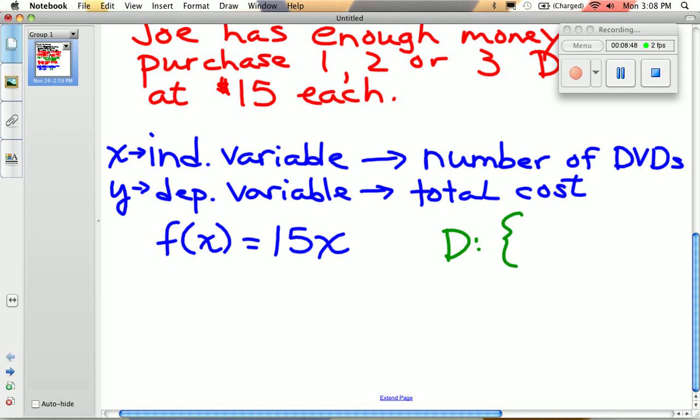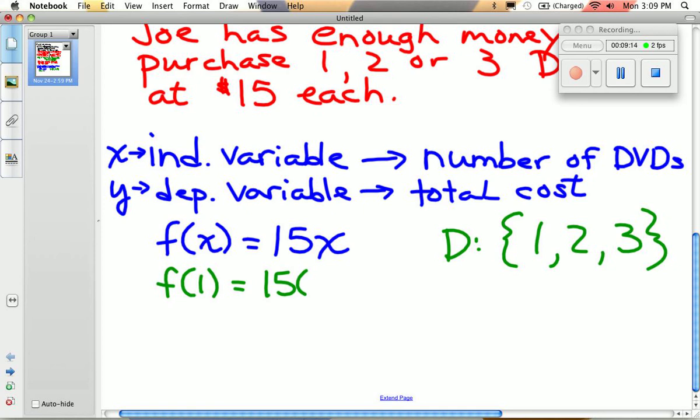What's a reasonable domain for this situation? 1, 2, 3. He only has enough money to buy one of those 3 possible DVDs. One of them, 2 of them, or 3 of them. Well then, now we evaluate that and say, oh, well, if he does buy one, f of 1 would be 15 times 1, which is 15.